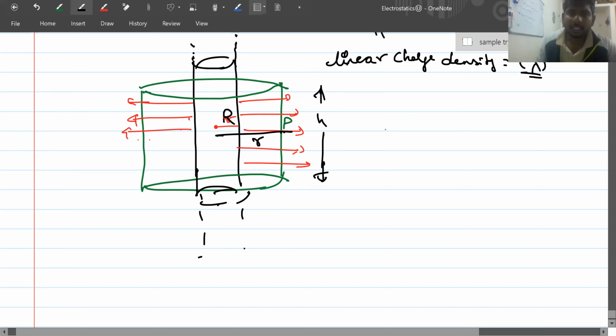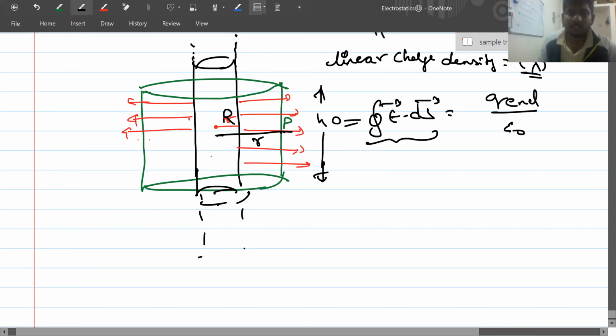Now integral of E dot ds is equal to q enclosed by epsilon naught. I'm dividing the integration over the whole surface into three parts: this curved part, this part, and this third one.